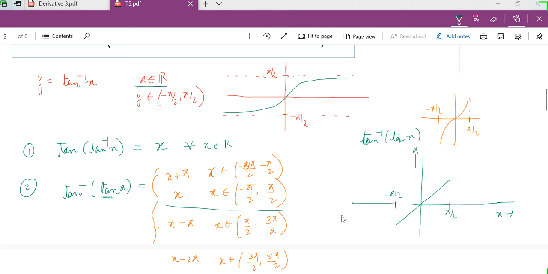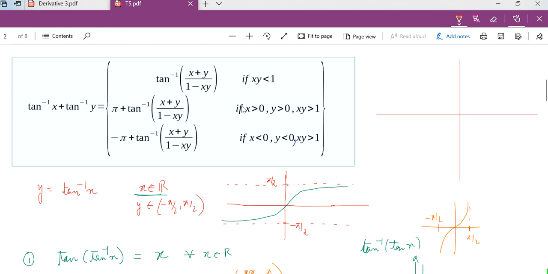Otherwise it is x minus pi when x is from pi by 2 to 3 pi by 2. This is pi, this is 3 pi by 2, and this line is x minus pi. Similarly, you can keep on getting lines with the same slope like this, and even on this side. So doing these two things, now we get back to our original question.